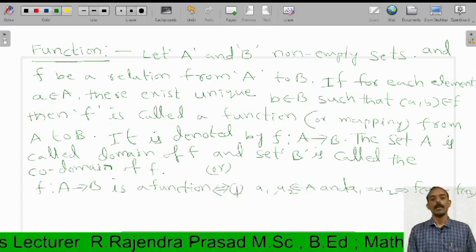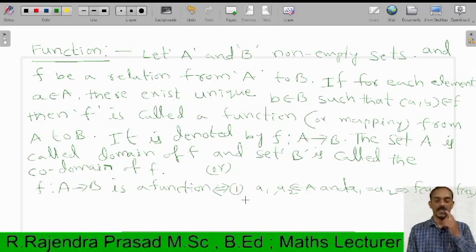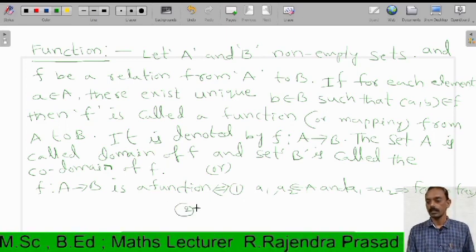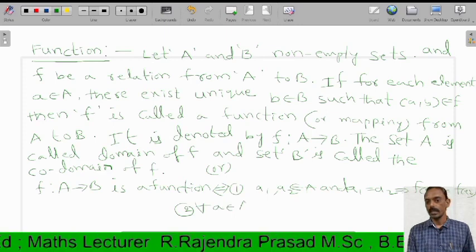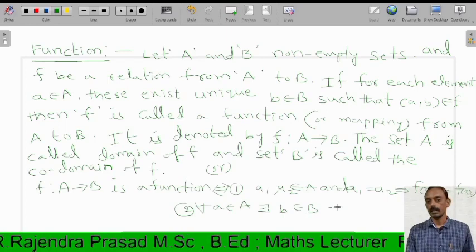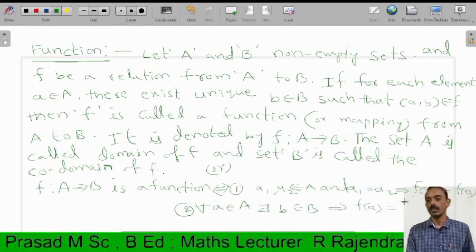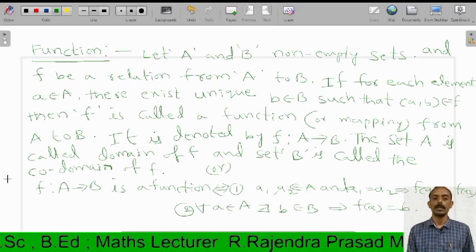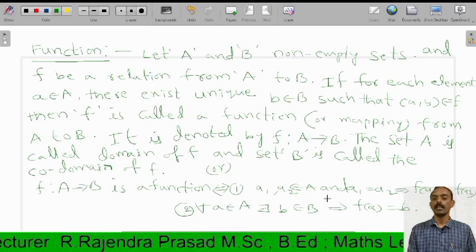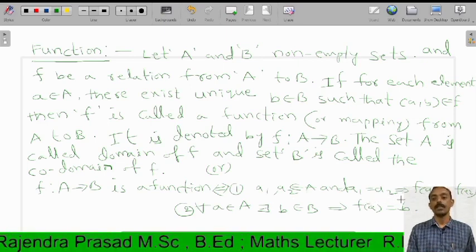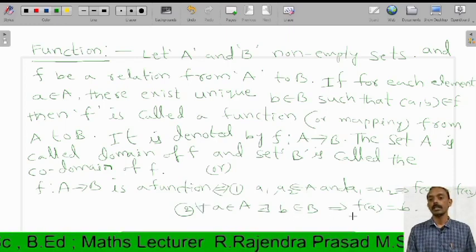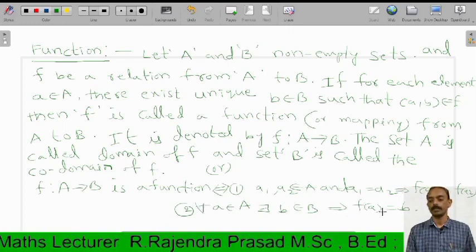This is one of the conditions. And second, for all a belongs to A, there exists b belongs to B such that f of a equals b.